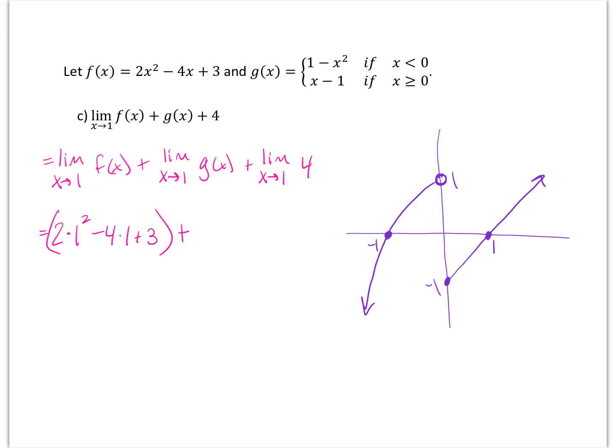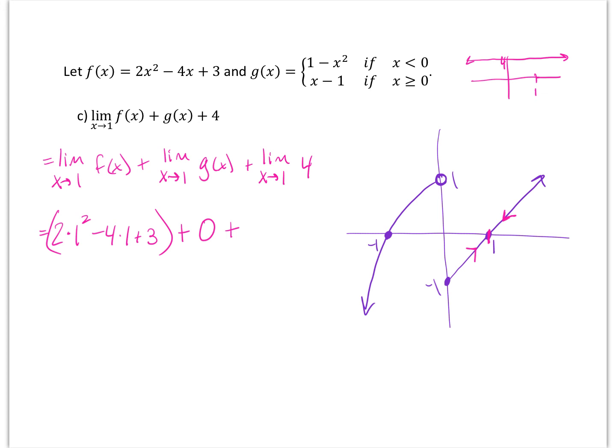The limit as x approaches 1 of g of x, so I'm going to go to my picture of g of x. Here's x equals 1. Go a little to the left and a little to the right. And as those two ants are marching along the curve towards x equals 1, the y values are approaching 0. And then the limit as x approaches 1 of 4, remember, that's just a constant function at a height of 4.